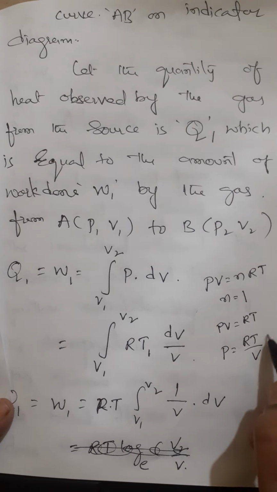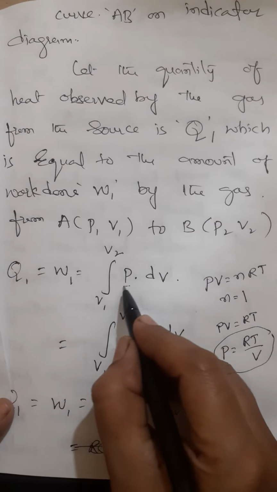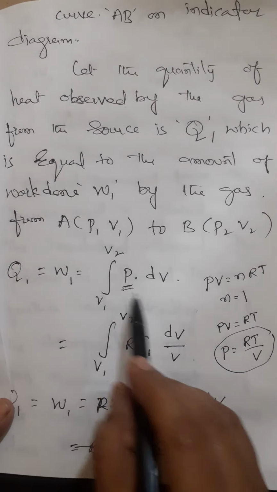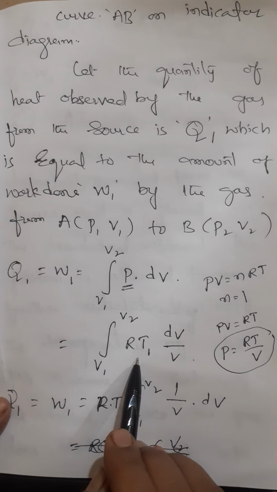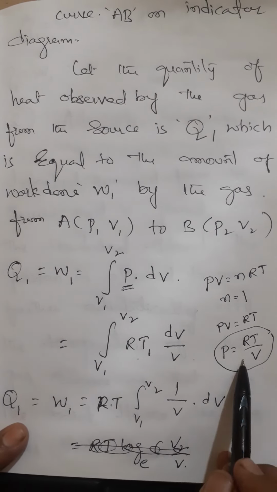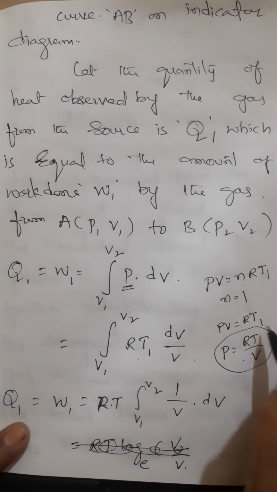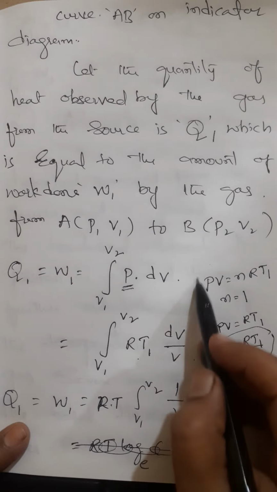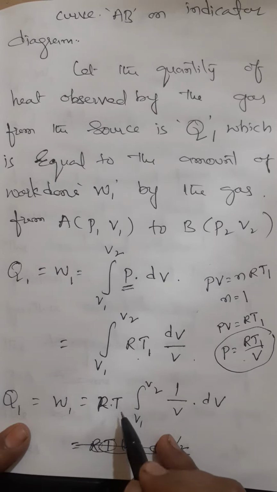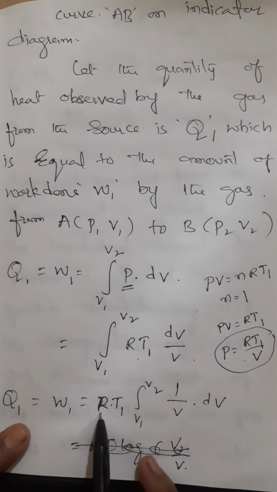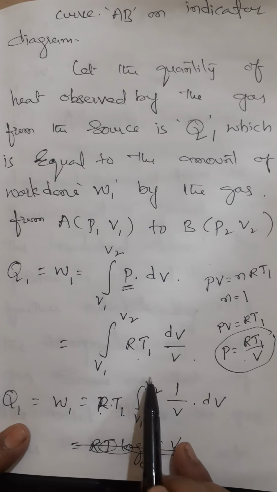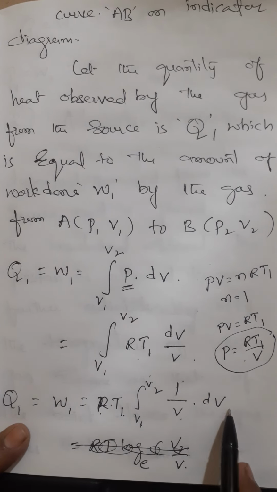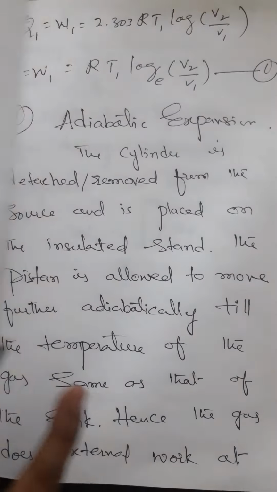Now we substitute this P value in the equation. Here the temperature is T1, and this is the ideal gas equation. We can write RT1 outside, then the integral from V1 to V2 of 1 by V dV.